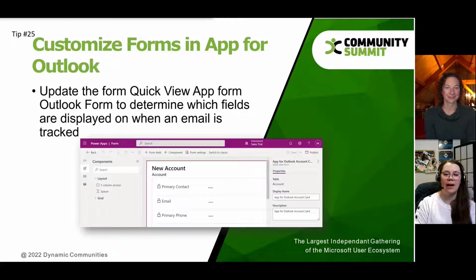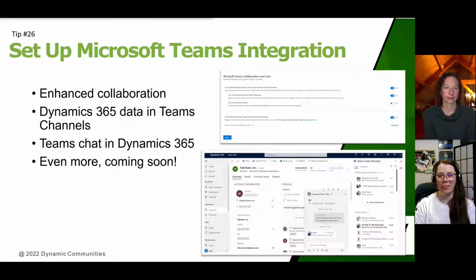You can customize that form. So there's already a quick view app form Outlook form. It has a very long name, and it determines which fields are displayed when the email is tracked. So you can go in there and modify those fields and set them to what makes sense for your business and kind of get things all nice for them.